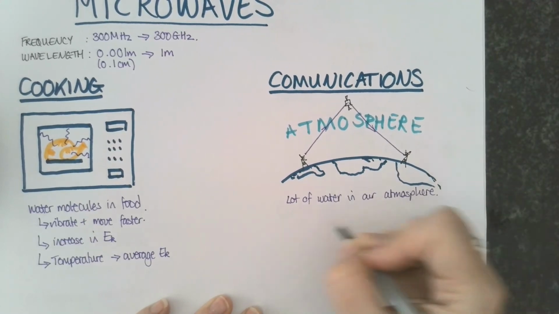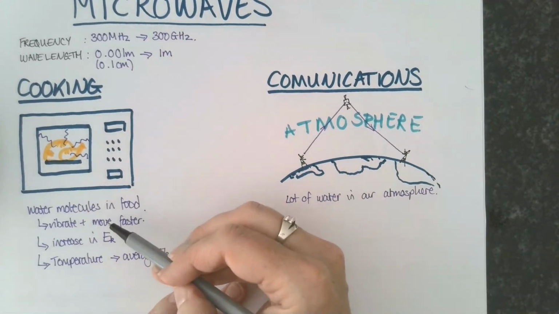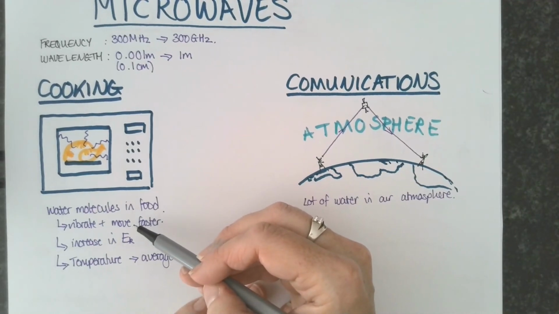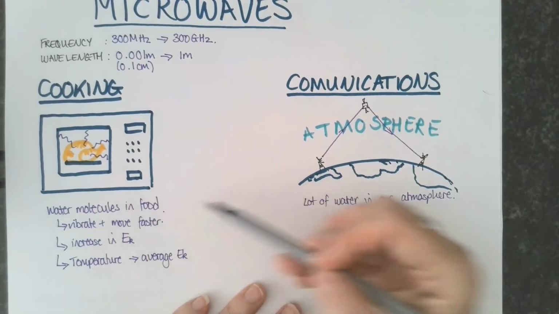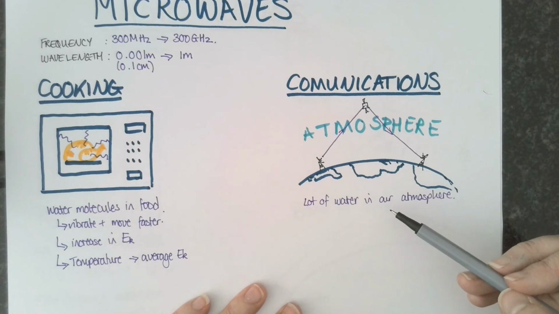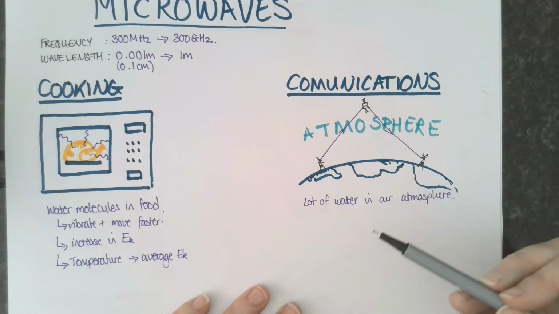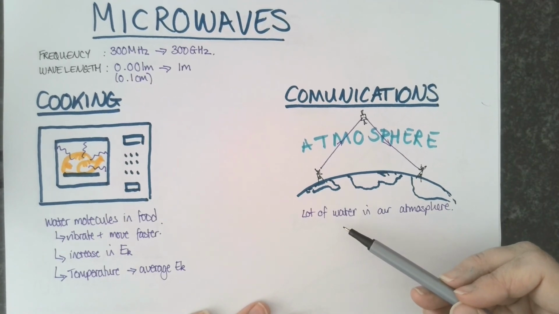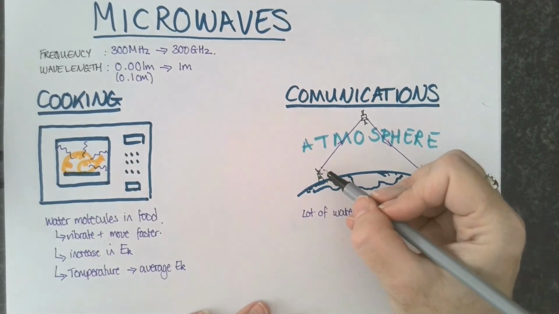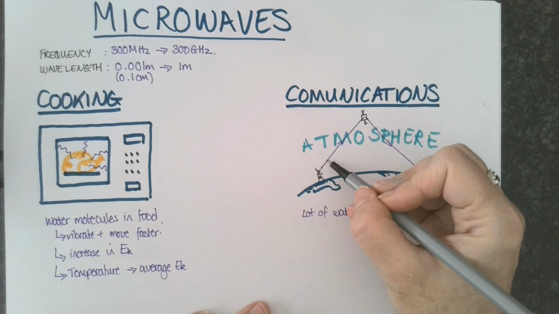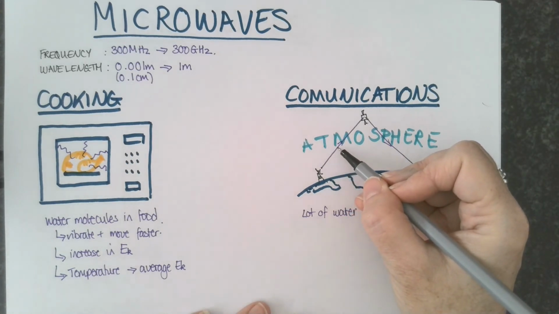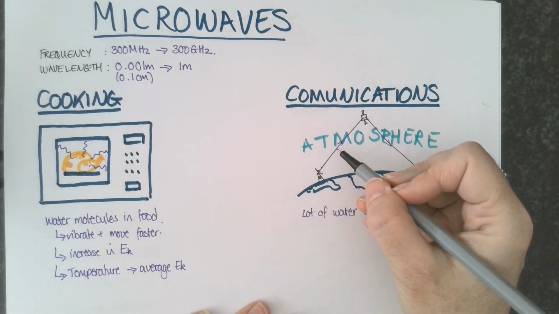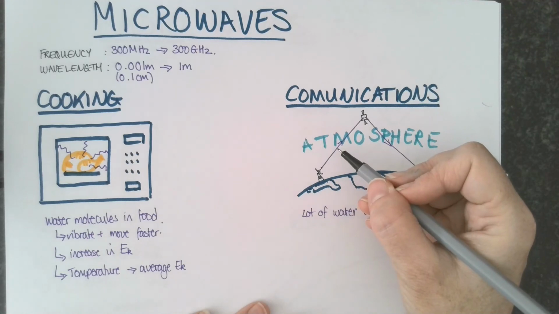So we don't want the same microwave wavelength that we used for cooking to transmit our communications. We need a different wavelength of microwaves, because otherwise what's going to happen is as this microwave signal is transmitted through the atmosphere, all that's going to happen is all that water in the atmosphere is going to absorb that microwave radiation and get hot. Not ideal.